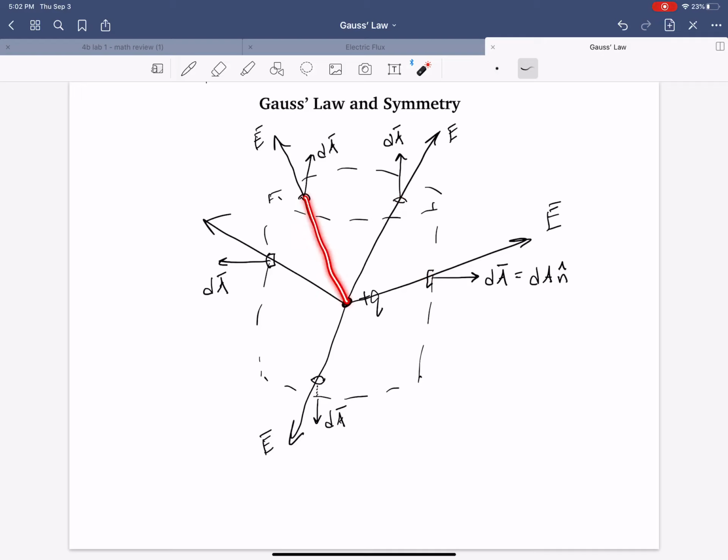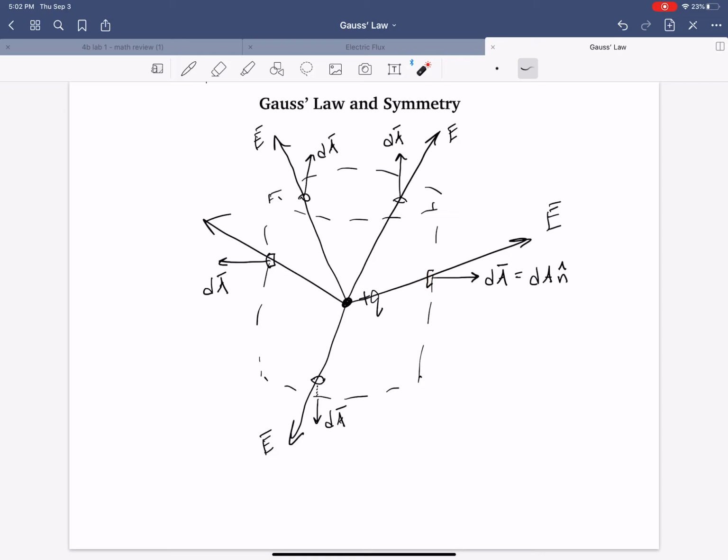This distance, as I've drawn, happens to be the same as this one, so these two magnitudes will be the same. However, they will not be the same as what it was over here, right? Same thing for this location over here. This distance looks to be just a smidge longer than this distance, so the electric field magnitude at this position will be different from both of these up top and the one on the right side, okay?